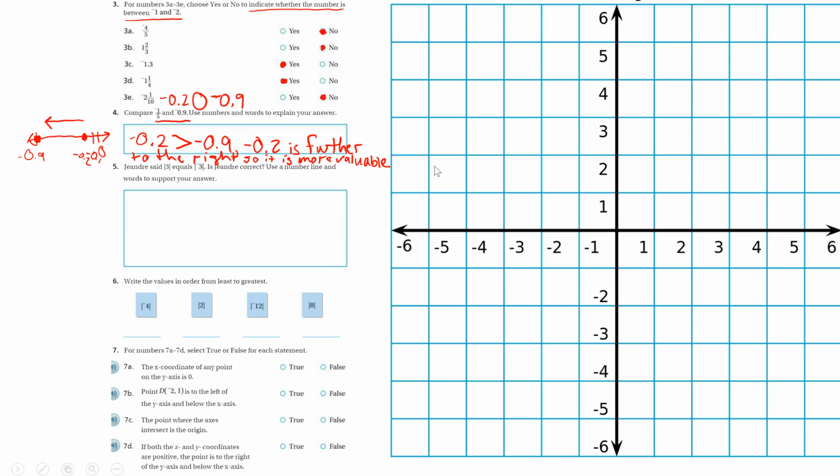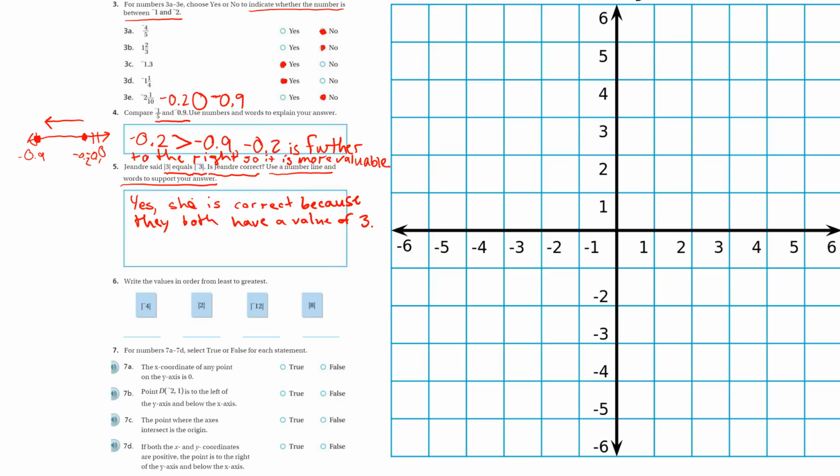All right, number 5. Giandra said the absolute value of 3 equals the absolute value of negative 3. Is Giandra correct? Use the number line and words to support your answer. So I would say yes. She is correct because they both have a value of 3.